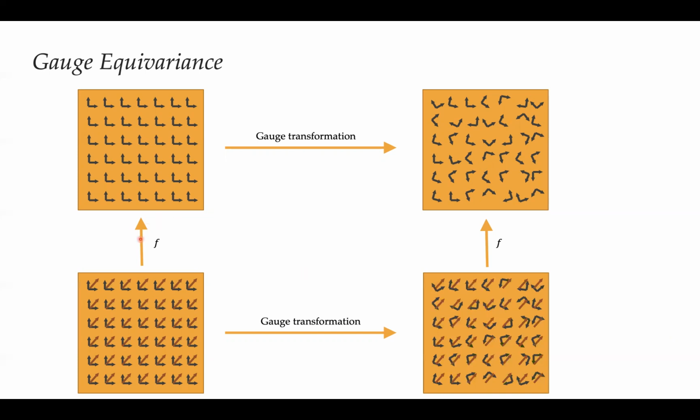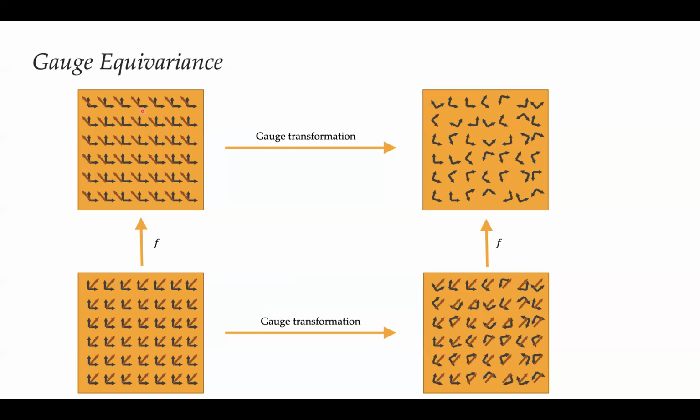Now, if we have some mapping F, let's say it's a layer of our neural network, it will take the coordinate representation of our input vector field and produce the coordinate representation of the output field, in this case, just a flip. And we would typically choose to represent the output field relative to the same gauge as the input field.